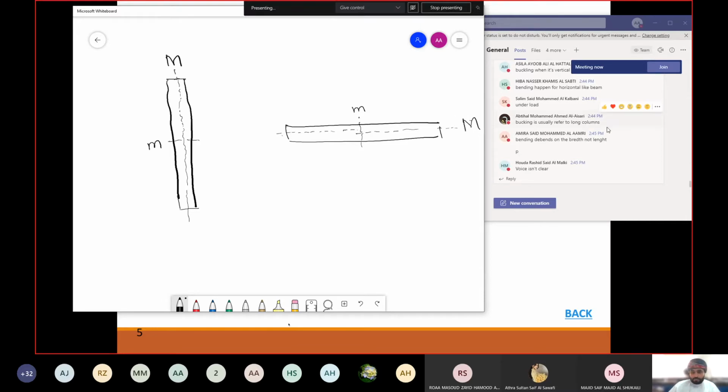Are we okay? Now, if you see how the beam is loaded, the beam is loaded in this way, where my loads are perpendicular to the major axis.